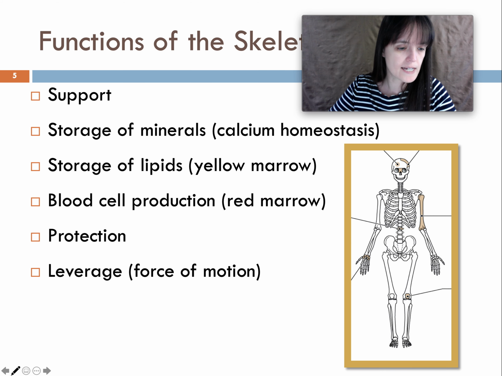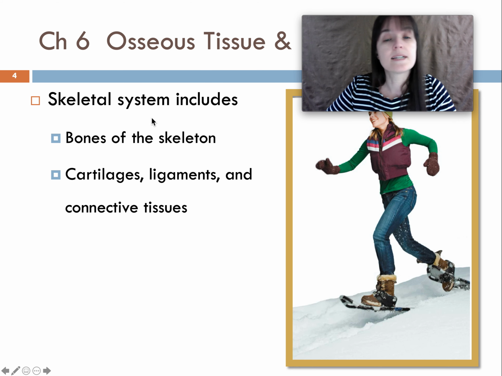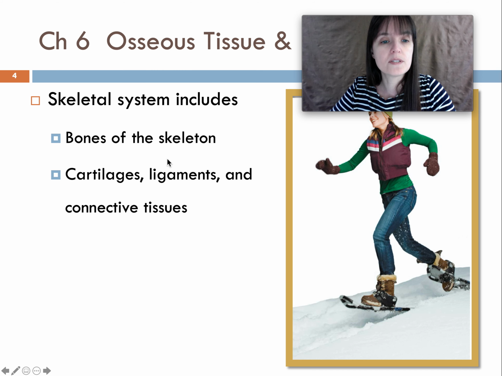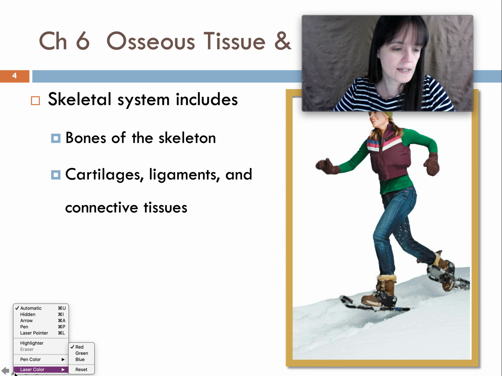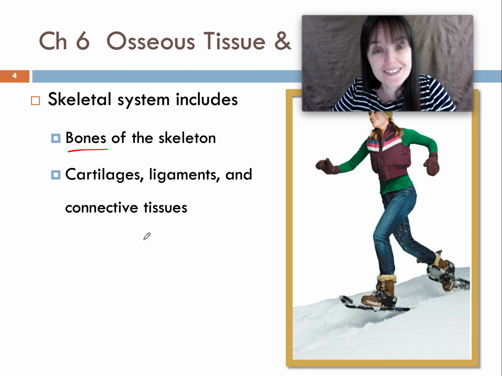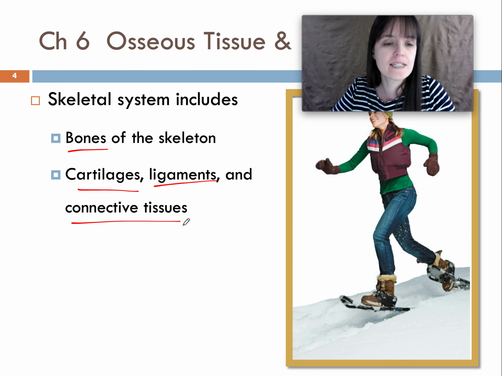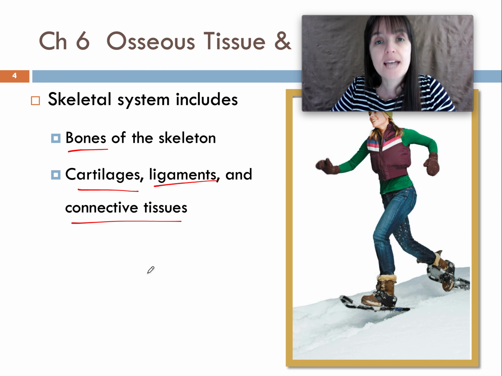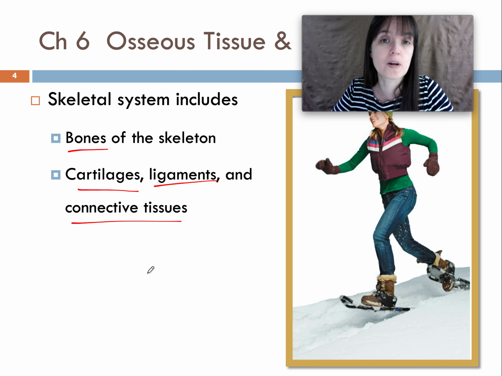The last slide that we kind of skipped: the skeletal system includes the bones of the skeleton, and also the cartilages and ligaments and connective tissue. Tendons connect muscle to bone, so tendons will actually be part of the muscular system, which is test 4.